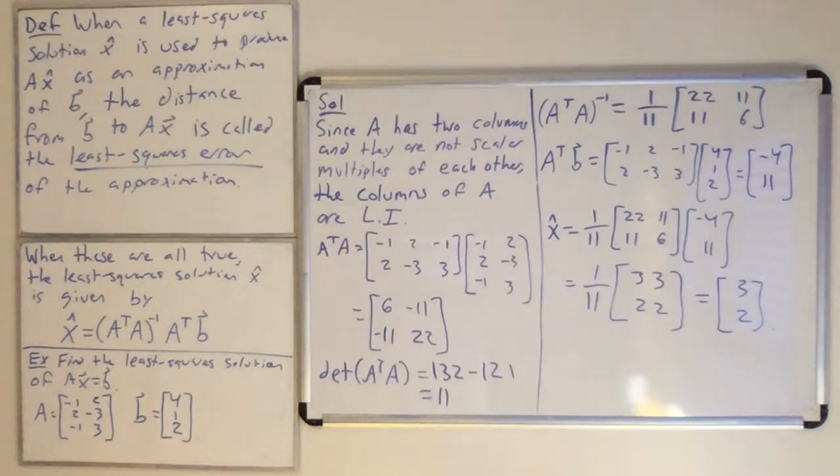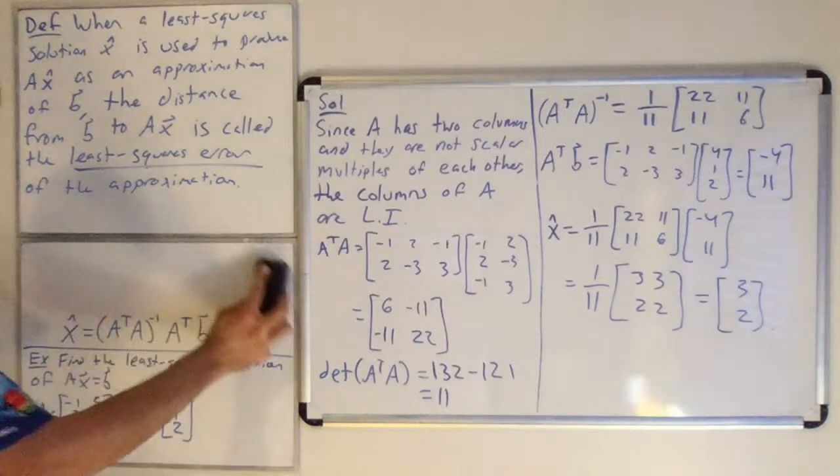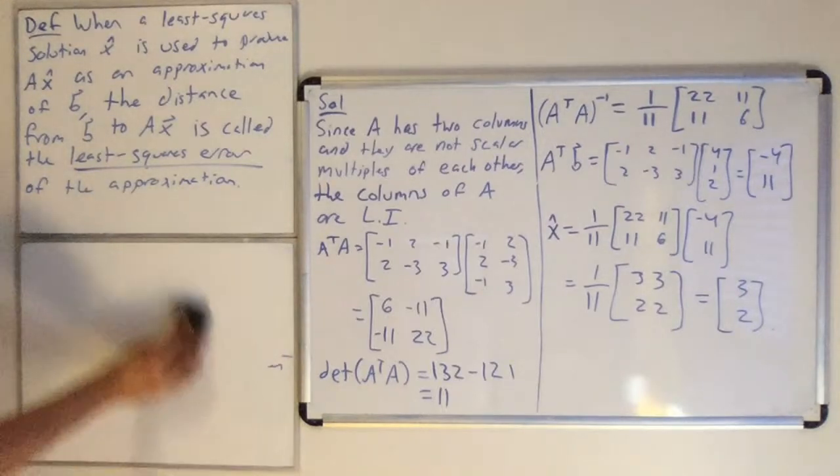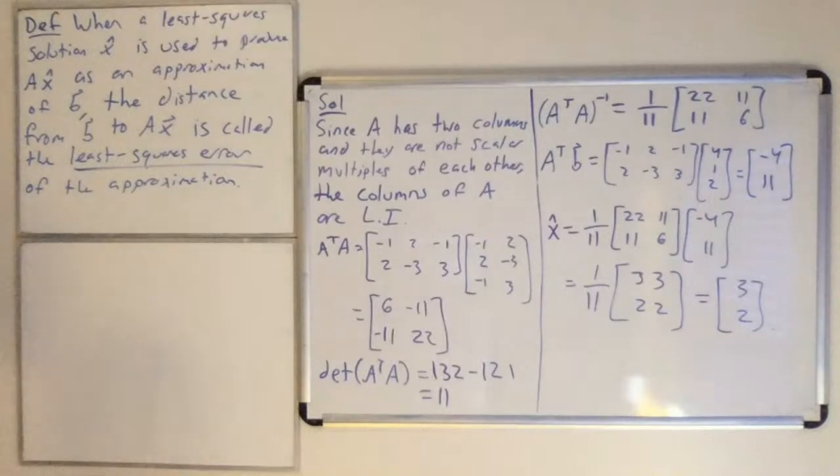Okay, so let's take a look at an example of finding the least squares error. So we're going to look at the matrix and the vector that we did examples with yesterday.